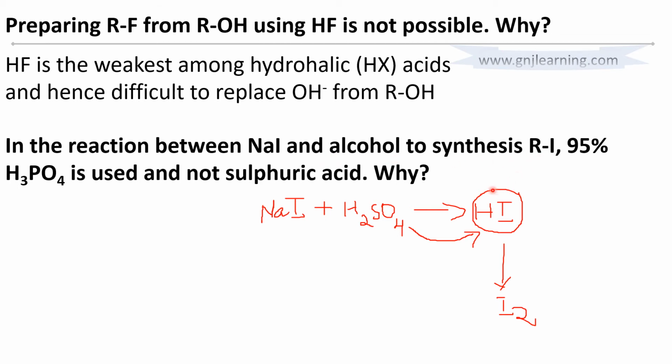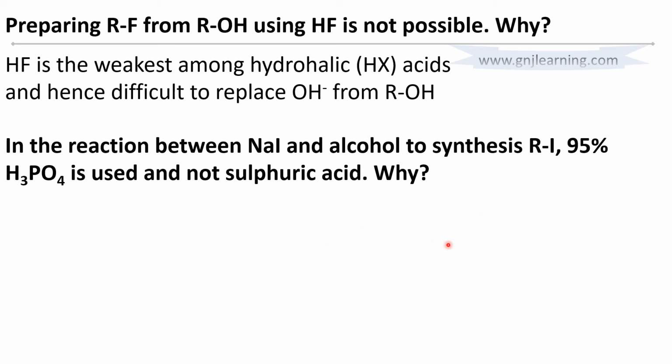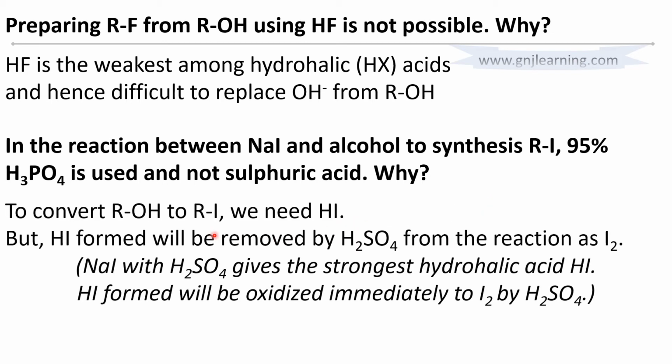For that I need HI, but HI is being removed by H2SO4. HI is formed if I am adding sulfuric acid, but it will be removed by sulfuric acid from the reaction as I2. So this is the explanation given here.